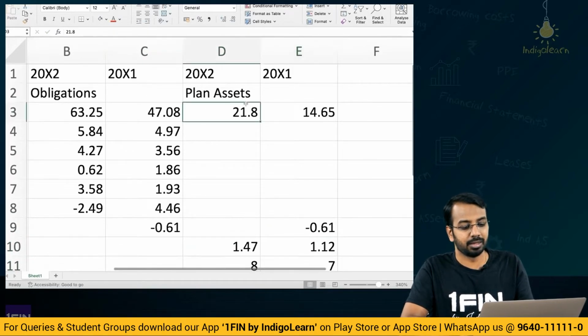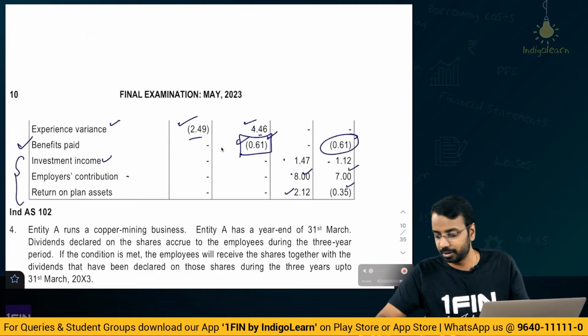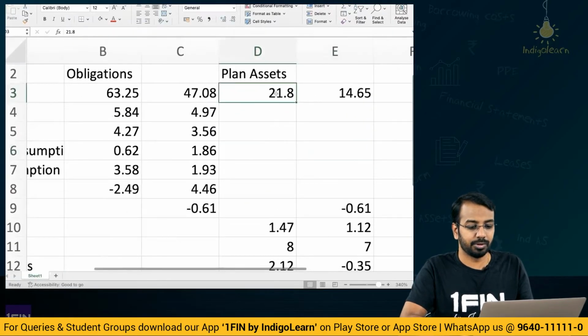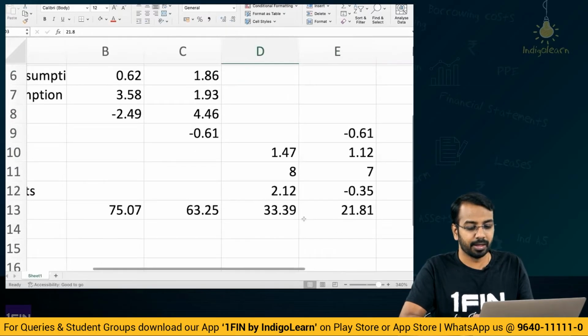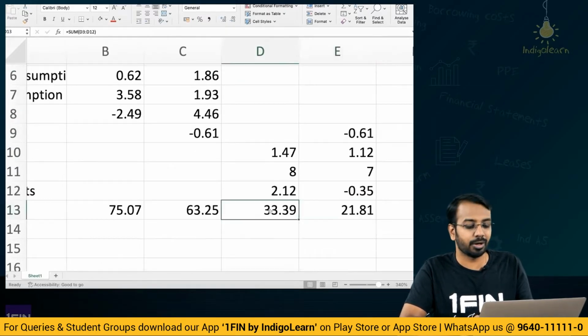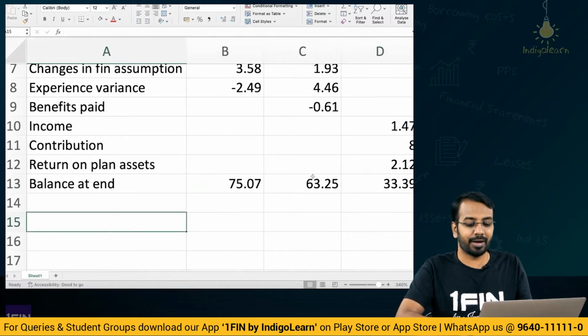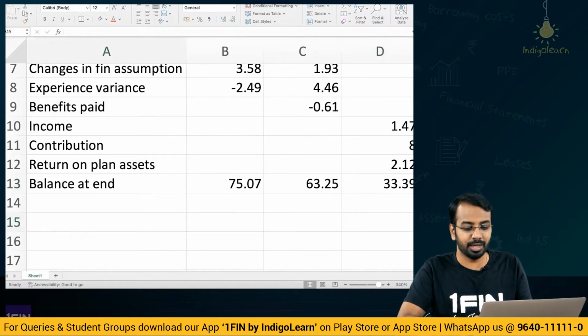So here they have said in the question they have given 21.80. Okay, so we will consider 21.80 and do it. So 21.81 and 33.39. Now the question is the net defined benefit obligation which will be recognized.